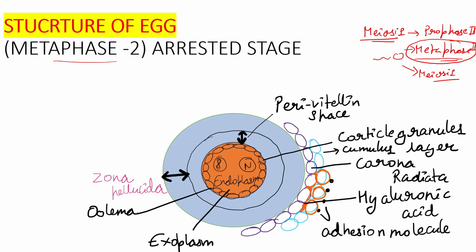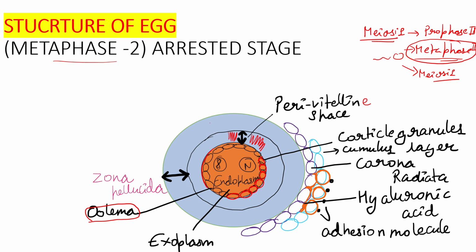So I think this is clear to you all. This one layer is known as the perivitelline space. These granules which you can see, that are black in color, are known as cortical granules. Now the innermost layer is known as the oolemma.